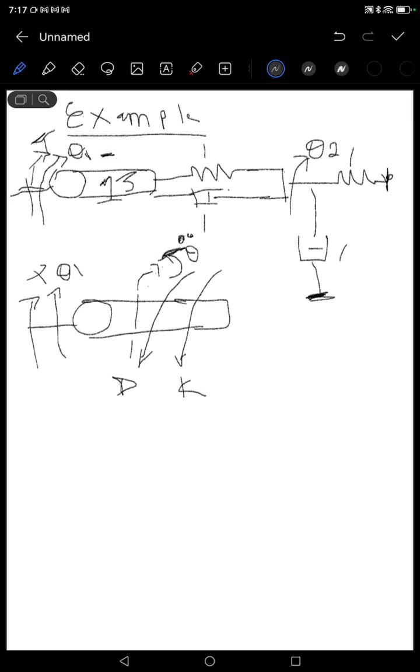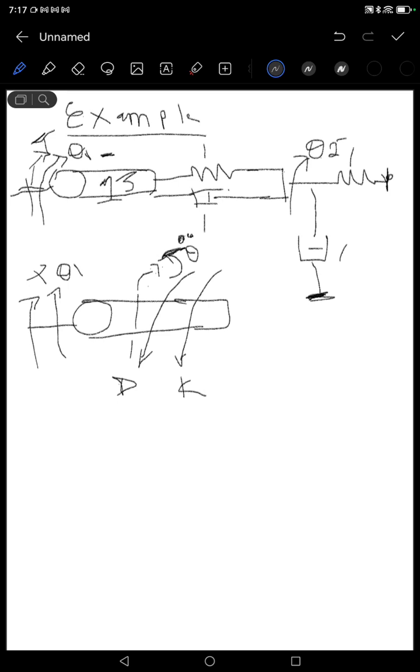Okay, it's between these two. So which means when we write our equation, it's going to be damper into what? Into theta dot 1 minus theta dot 2. Okay, because the damper and the spring are in between theta 1 and theta 2. Even K, stiffness, is also between theta 1 and theta 2. So we're going to have the difference between theta 1 and theta 2.